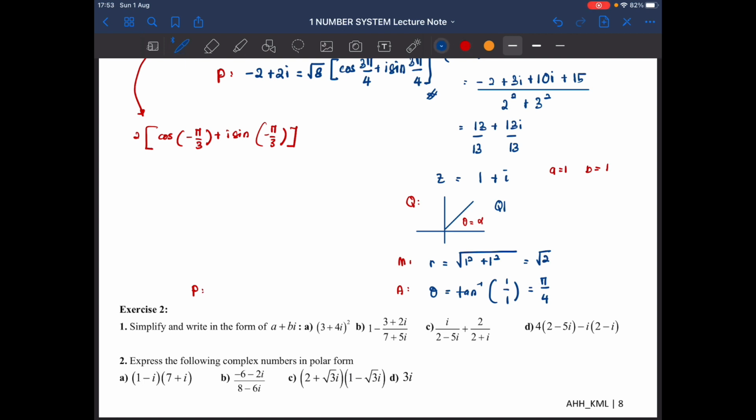Simply put everything in the formula. R is square root 2 bracket cos pi over 4 plus i sin pi over 4. Okay, done. Alright. So that's it for this one.